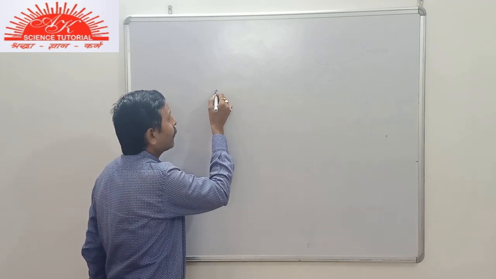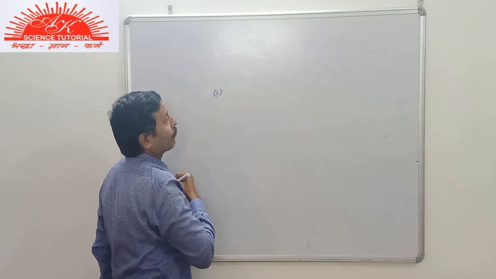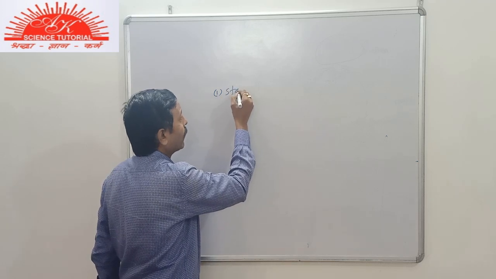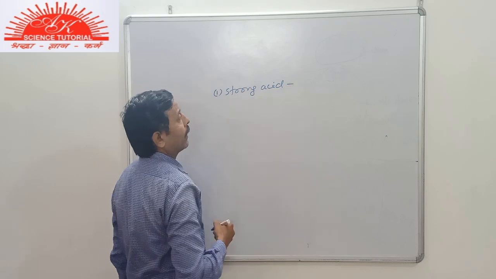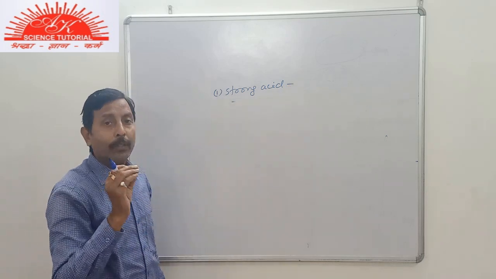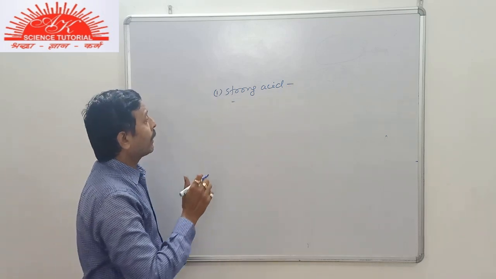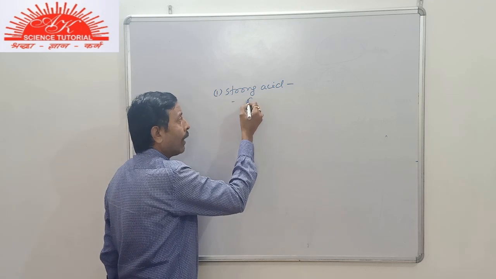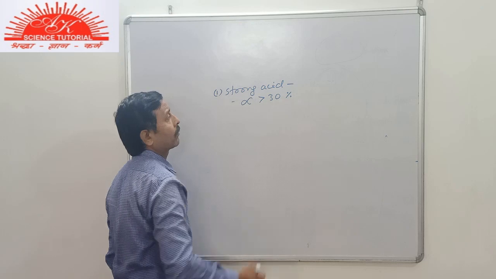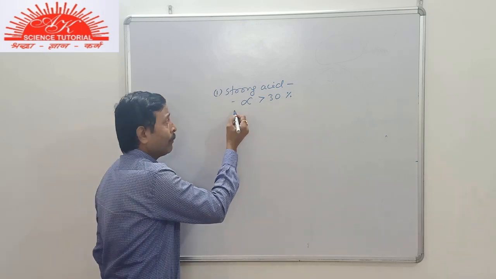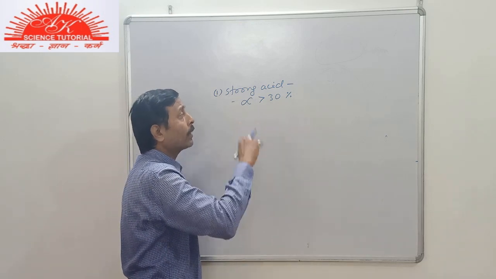Now it is of two types. First, a strong acid. There are a few basic concepts related to it. First of all, alpha should be greater than 30%. Means degree of ionization should be more than 30%.